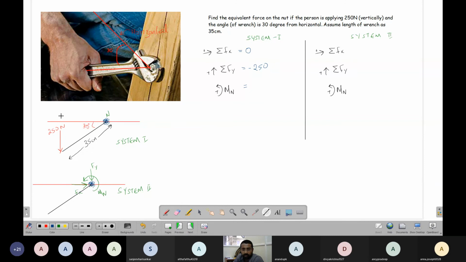So this is an angle. You have to remember that you need to find the force into the perpendicular distance. The perpendicular to this comes here.